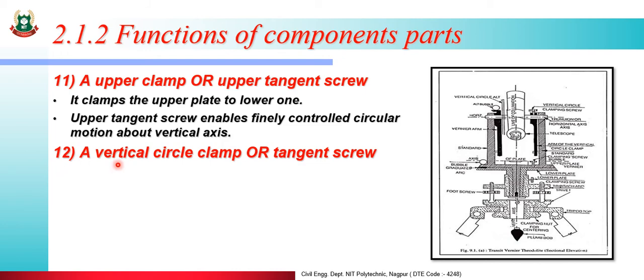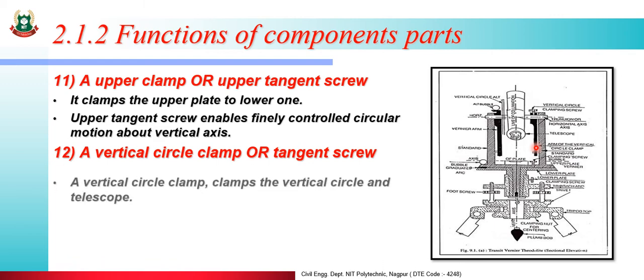Then a vertical circle clamp or tangent screw. Here is the position of the vertical clamping screw and here is the position of the vertical circle clamping or tangent screw.